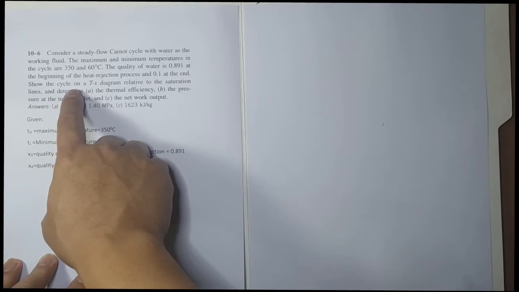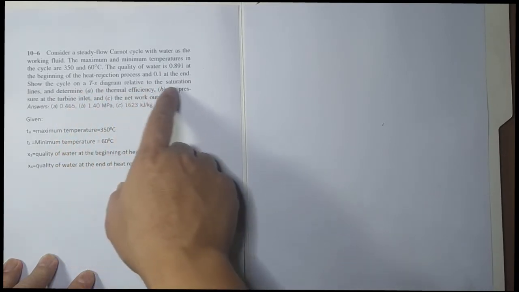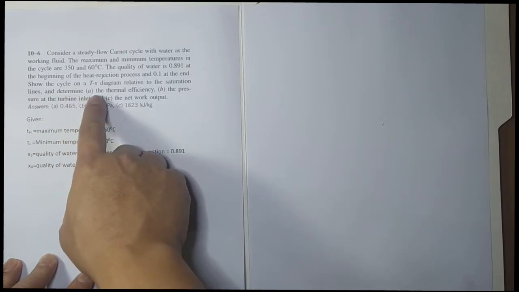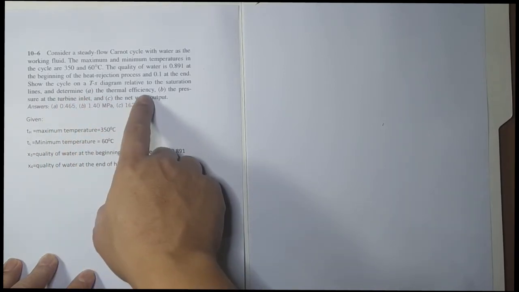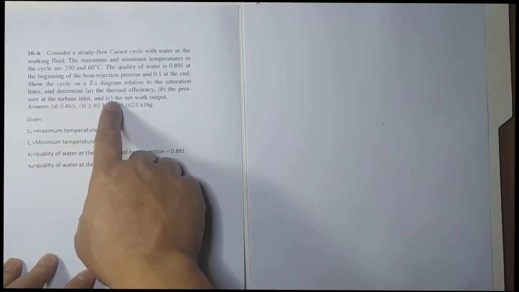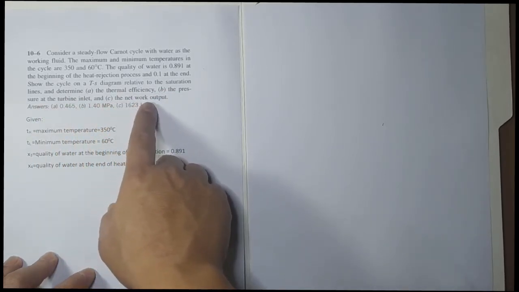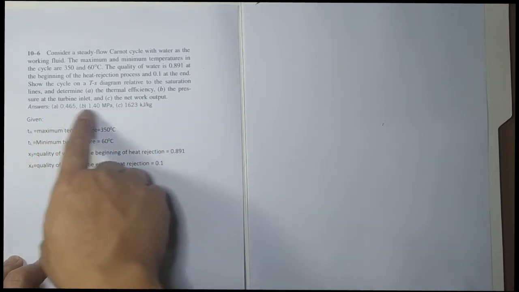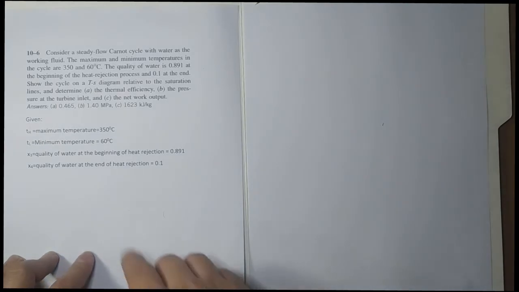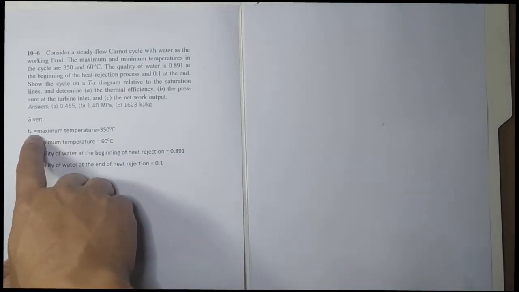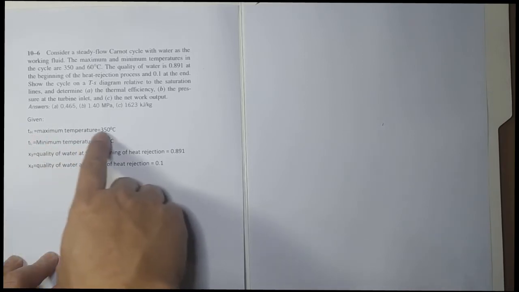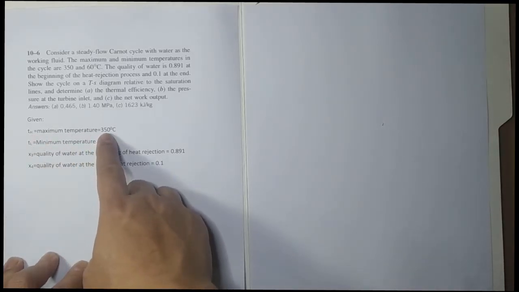Show the cycle on a TS diagram relative to the saturation line and determine letter A, the thermal efficiency, letter B, the pressure at the turbine inlet, letter C, the net work output. And of course, in the book, here are the answers. So we have here the given: the maximum temperature, I call that TH, is 350 degrees Celsius.